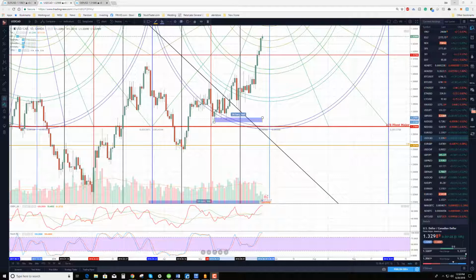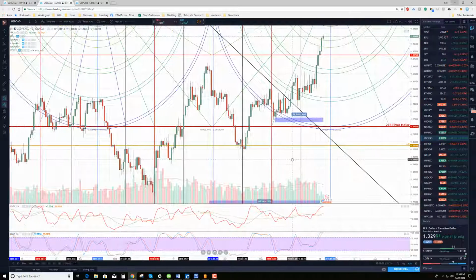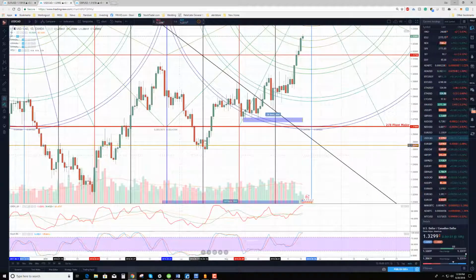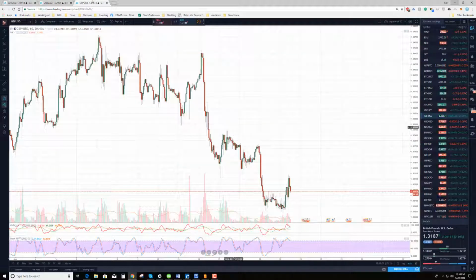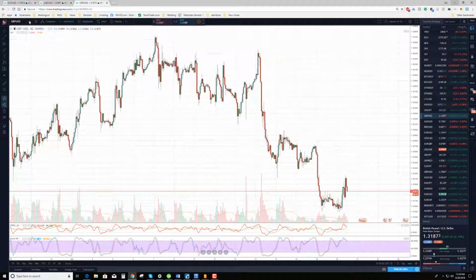Okay, so one of the things we've got to understand is that the markets are made up of individuals. There's a whole bunch of us. This is probably something you're aware of, that the markets are all made up of individual people and traders. And so the theory is that the price action determines the sentiment.